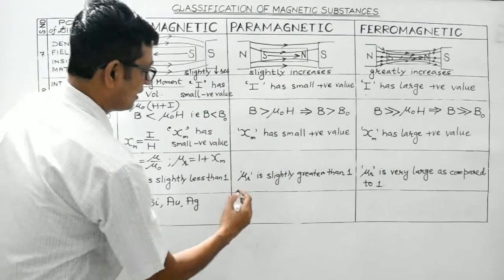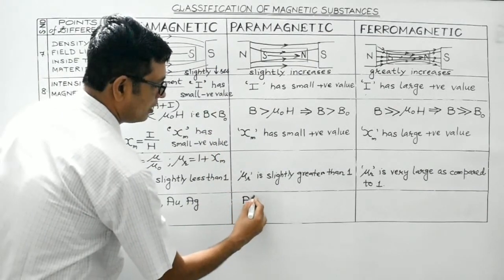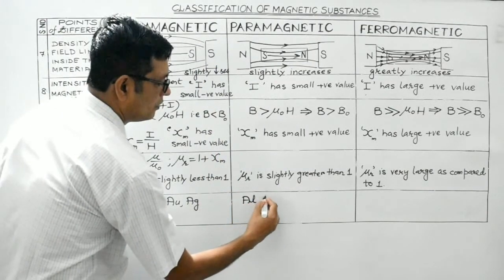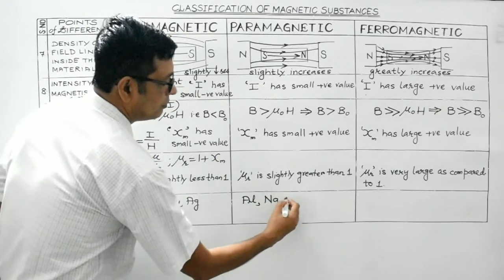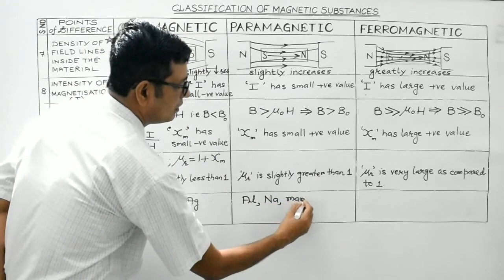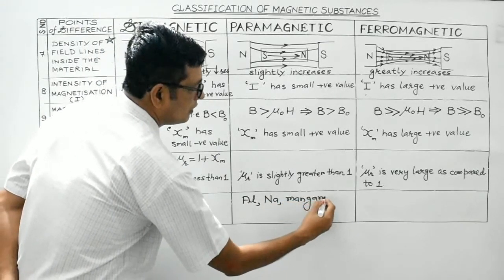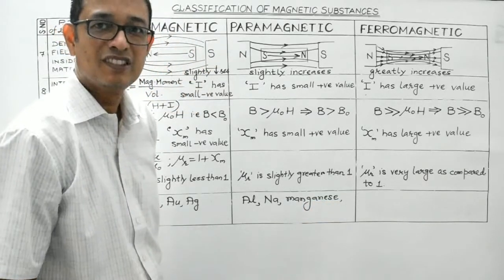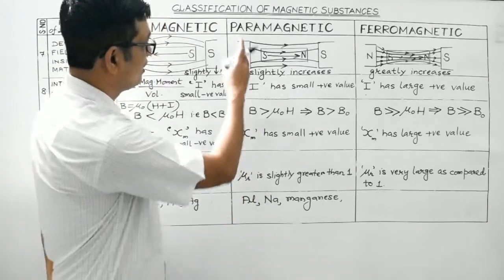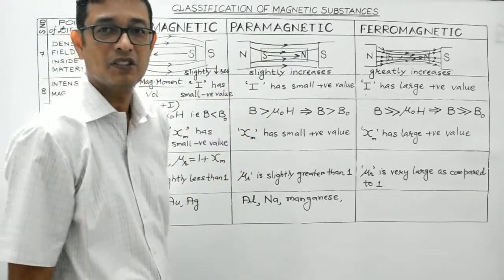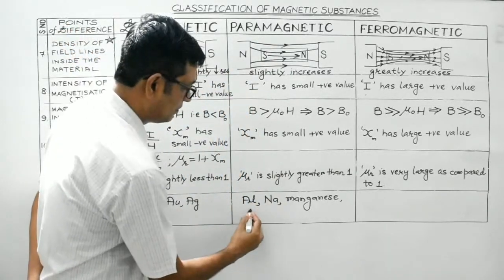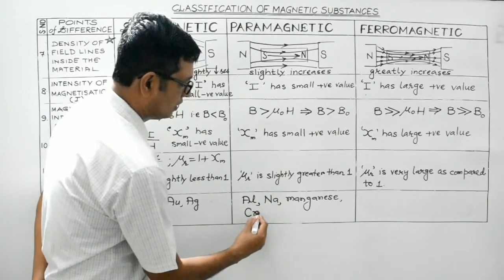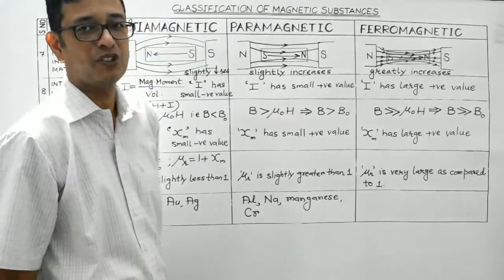While for paramagnetic students, aluminium, sodium, manganese, right? Liquid oxygen, chromium. So these are some of the examples of paramagnetic substances.